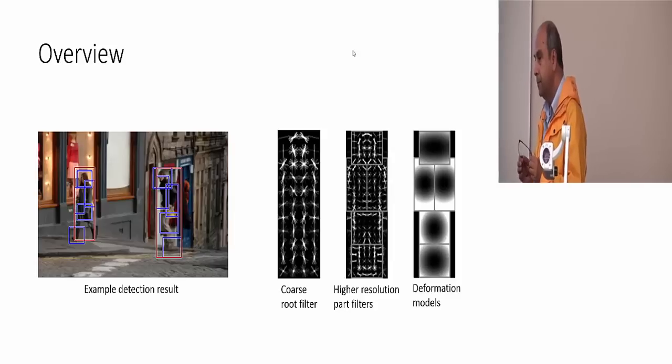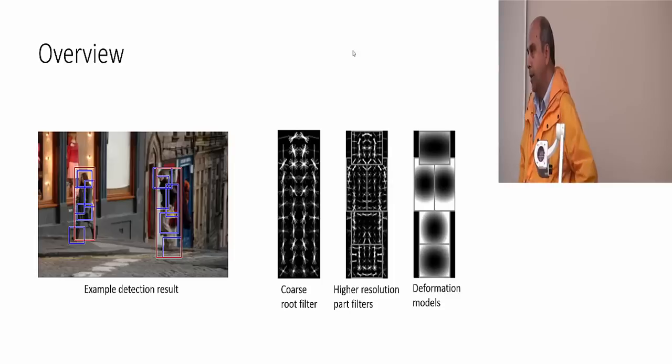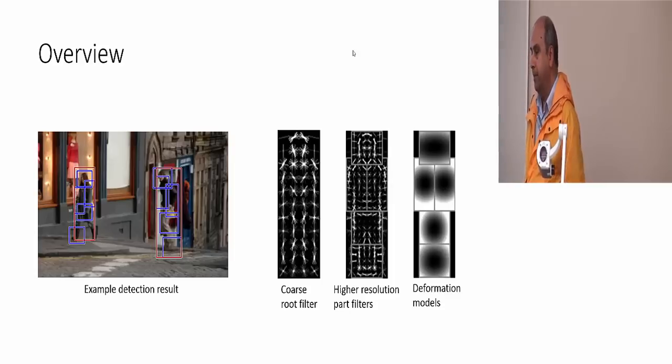Yes? How are these models defined? Is there somebody manually saying, okay, for a human, we would divide it like this, or is that actually computed? Yeah, so you just say that for a human, you want eight parts. A priori, you will just define 8 parts and roughly put where they should be.